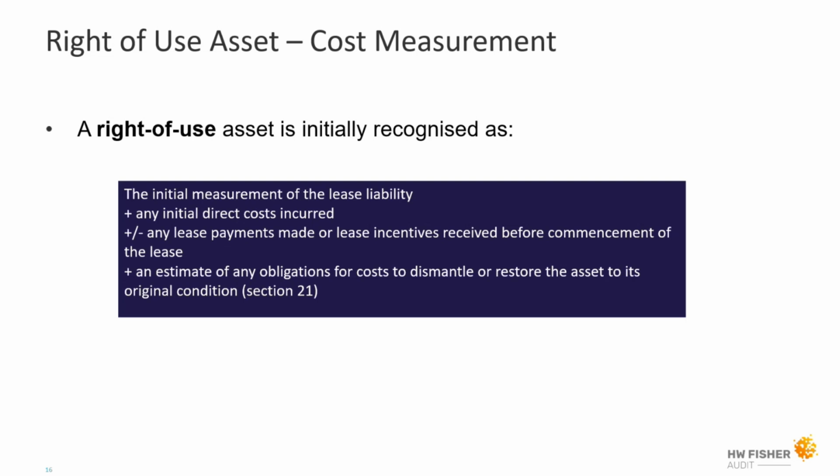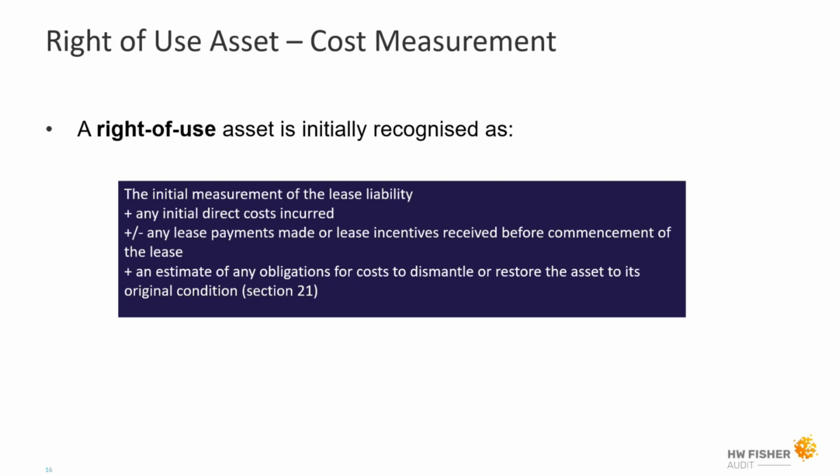Traditionally, if it's a long way out, management sometimes don't consider the cost to restore or dismantle. We do need to think about that upfront. We need to calculate that and bring it in. That will be added to the right of use asset, and will create a bit of an imbalance between that asset and that liability. But it does need to be calculated and considered upfront.